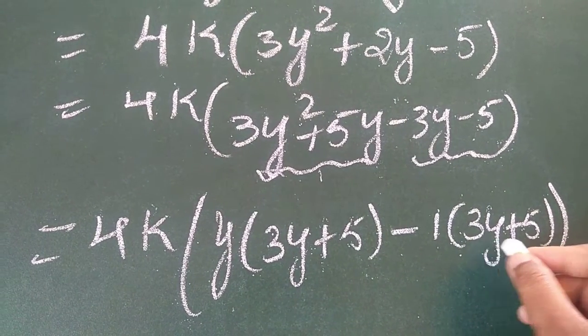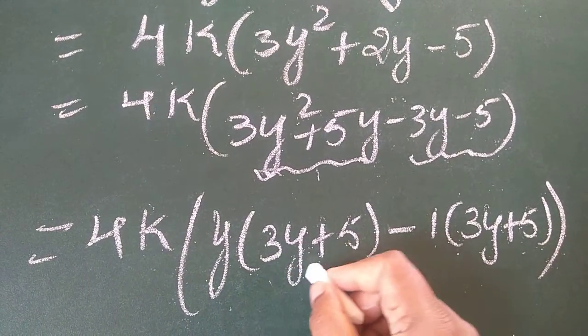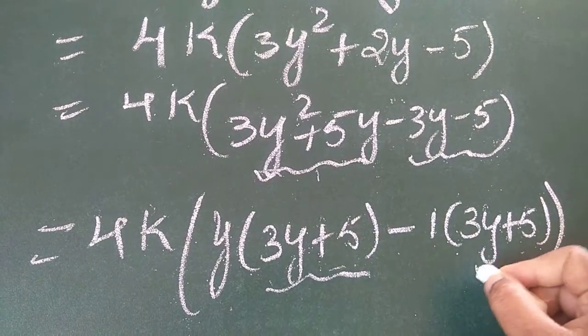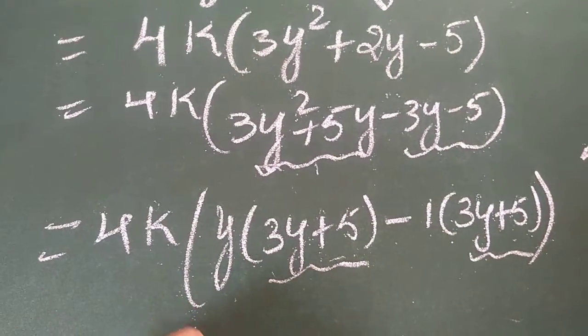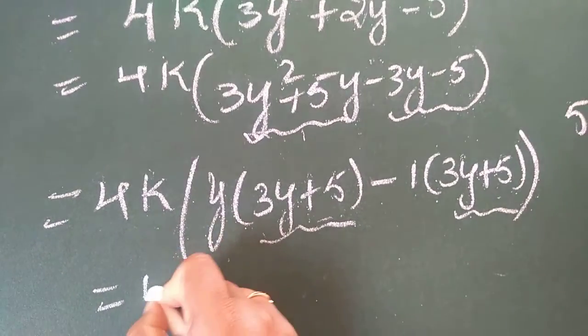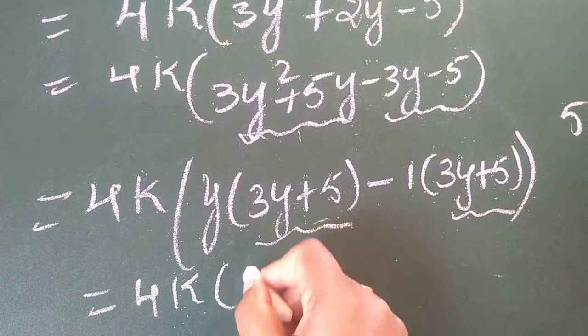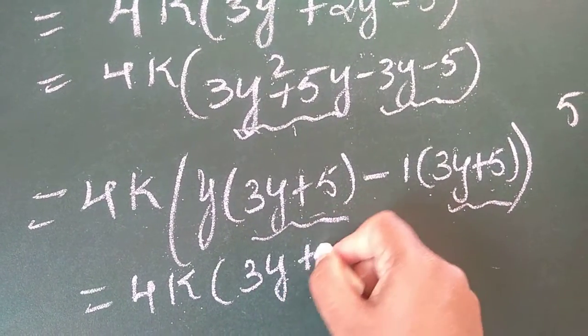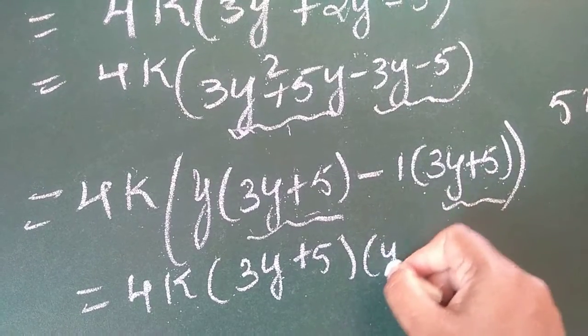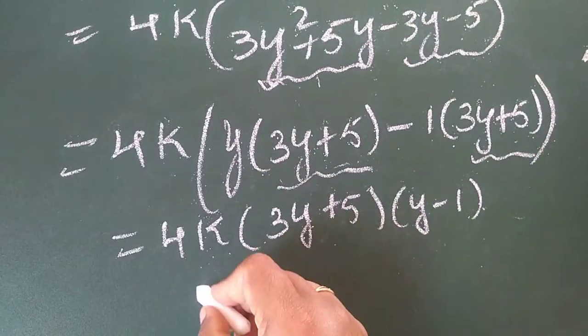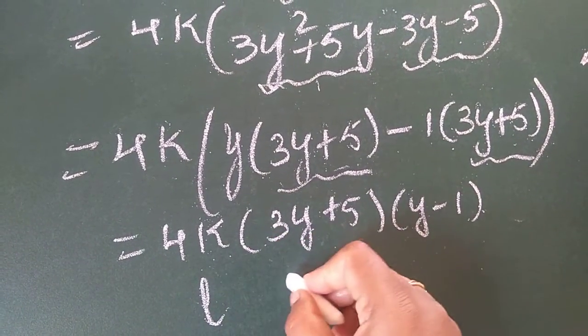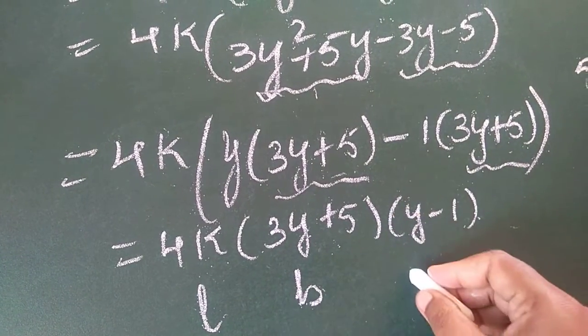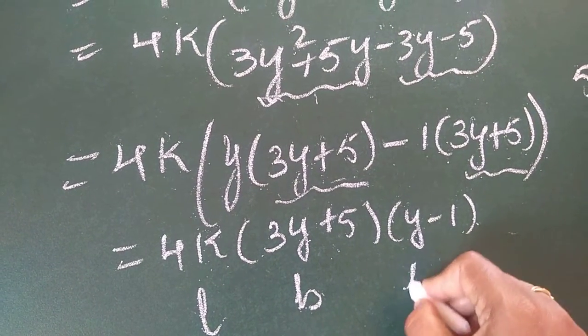Remaining 3y plus 5 as it is. Next 3y is common. See here in both the brackets 3y is common. So I should write remaining terms 4k into 3y plus 5 into y minus 1. So if length is 4k, breadth is 3y plus 5 and height is y minus 1.